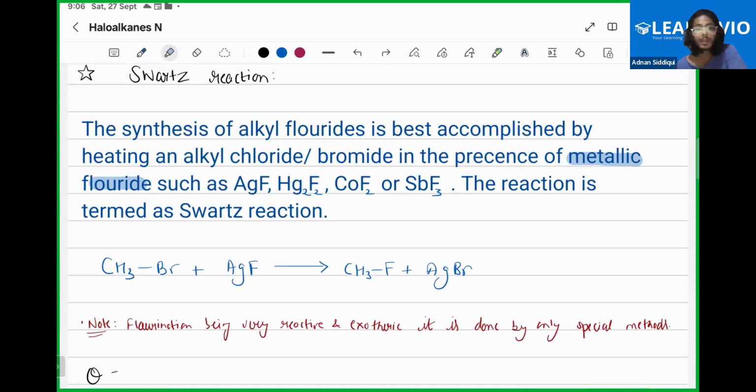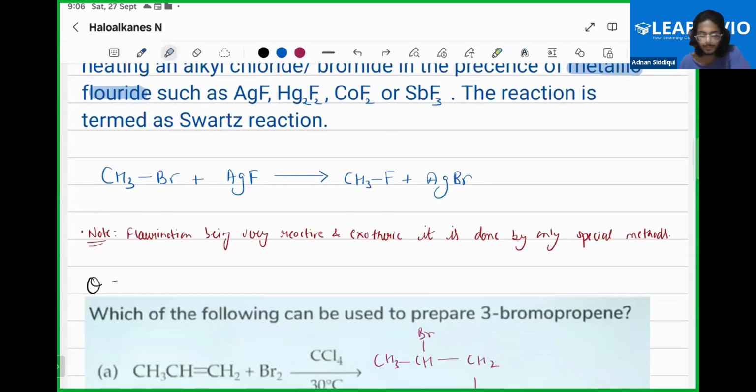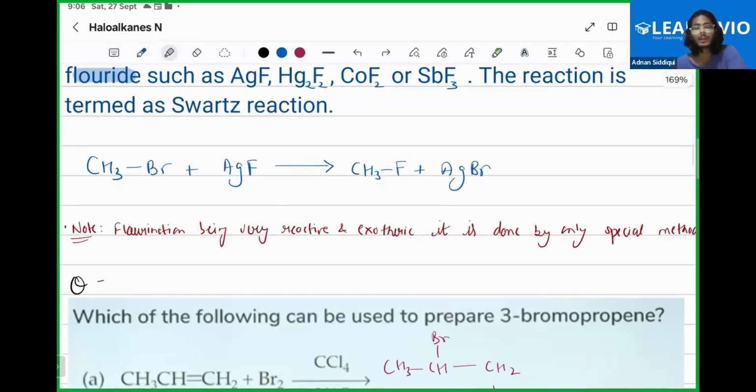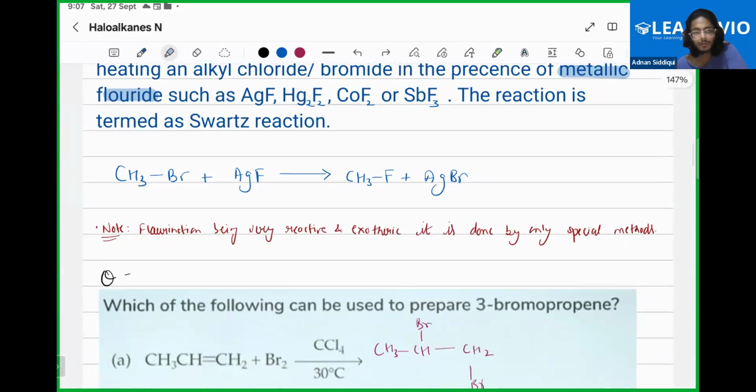Why are we using a special name reaction to get these alkyl fluorides? The reason is fluorination is very reactive and exothermic. So to do fluorination, you first need specific conditions, and you have to be very careful around it. Because of this, we have this special reaction, the Swarts reaction.